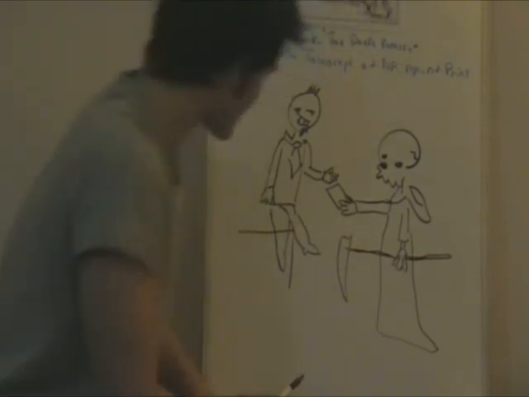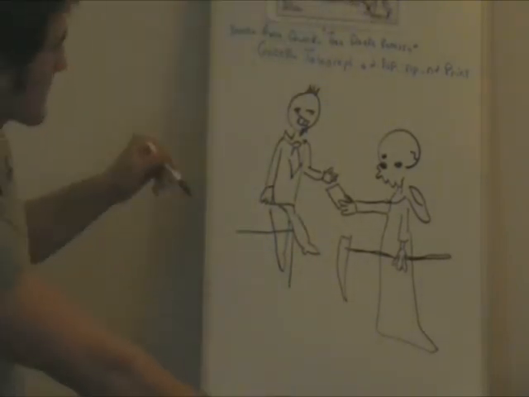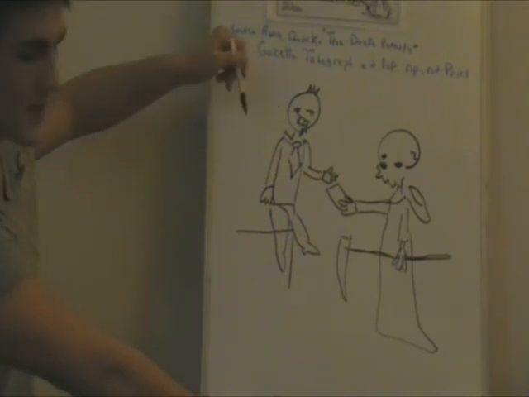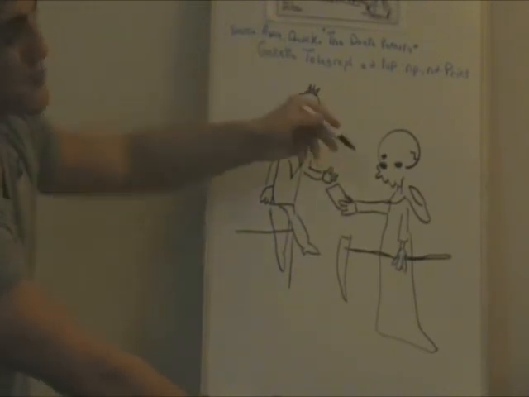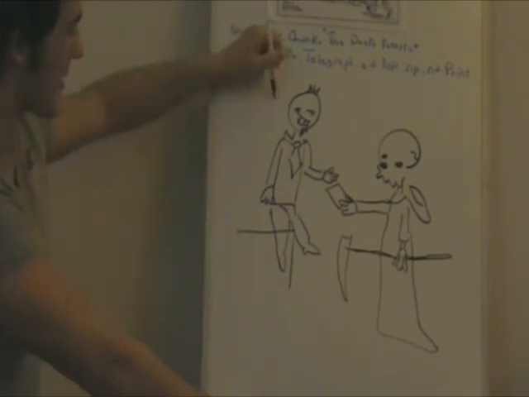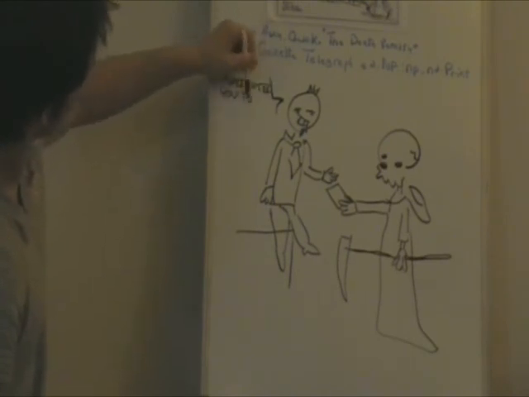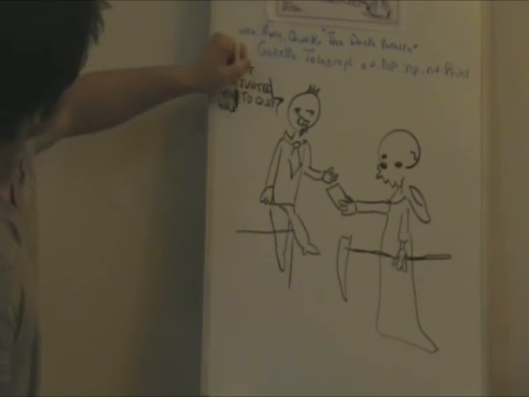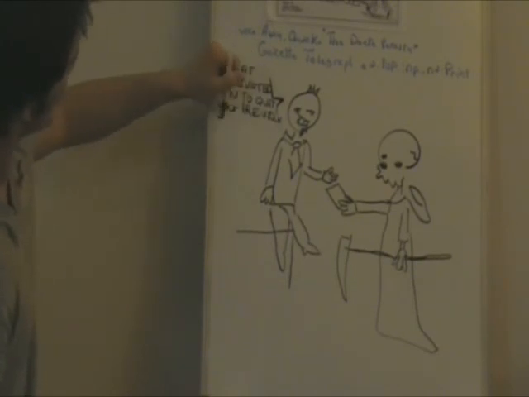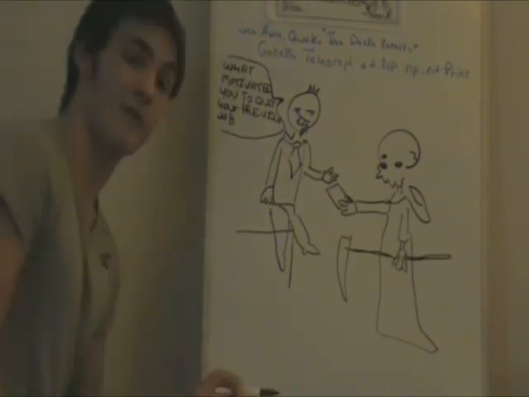Okay. Let's have the dialogues now. So the interviewer is gonna ask him why he quit his old job. So I'm gonna make him say, what motivated you to quit your previous job?